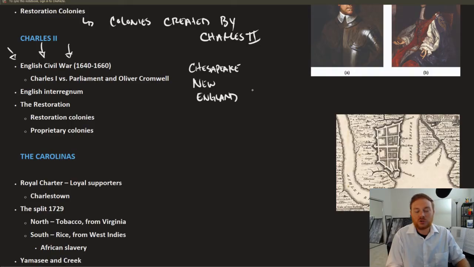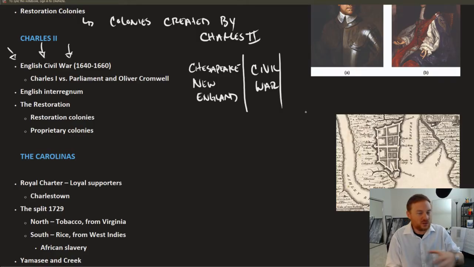But then colonization of the New World was put on pause, right? There was a break there. And that was because the Civil War was raging in England. While the Civil War was going on in England, there was really no colonization of the New World because everything was being focused at home. After that Civil War was over in 1660, colonization resumed with the Restoration Colonies.